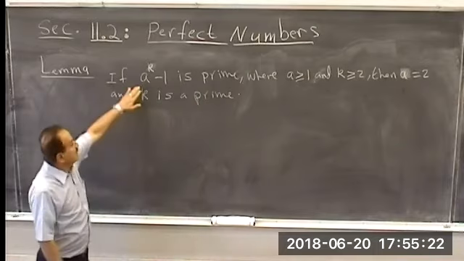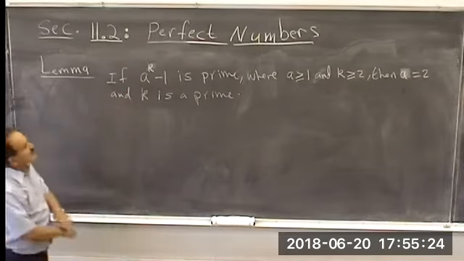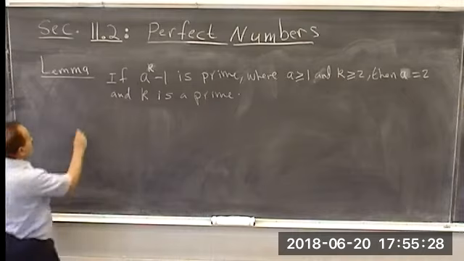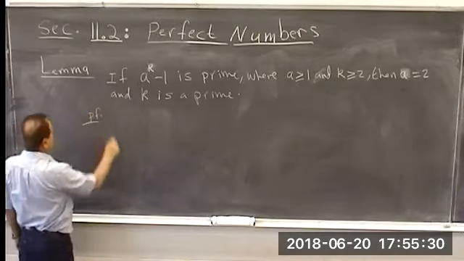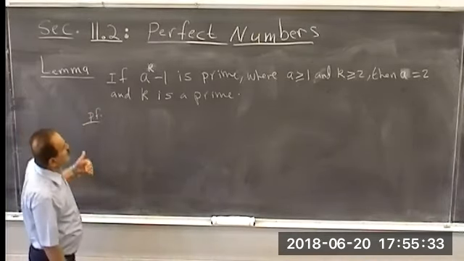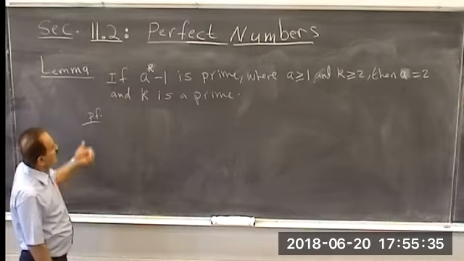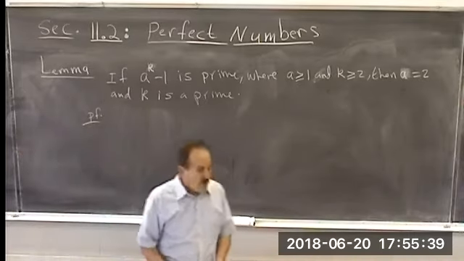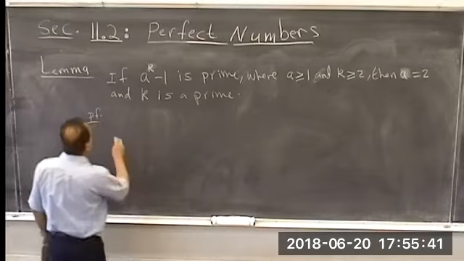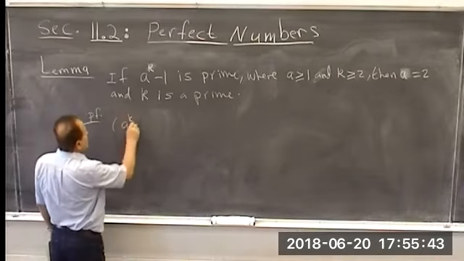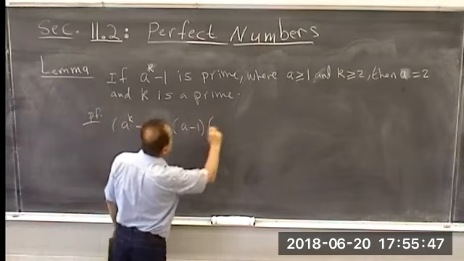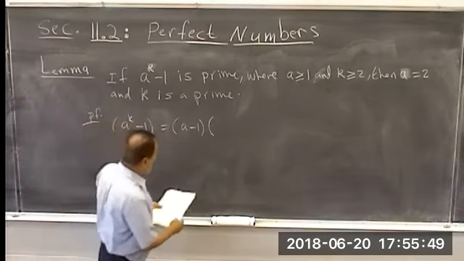Because here, even the base of this type of number must be specific. So two things, we need to show that a is equal to 2 in itself, and that k is actually a prime. All right, so let's just start with doing the factoring. a^k minus 1, we can write this as (a minus 1) times (a^(k-1) plus a^(k-2) plus ... plus a plus 1), which you can check by direct multiplication.